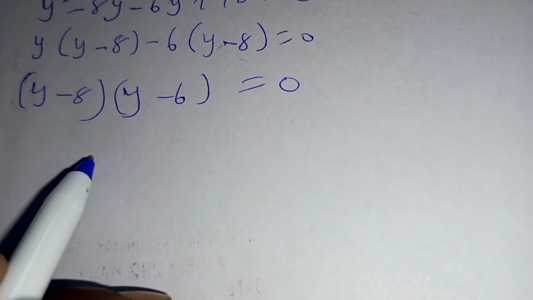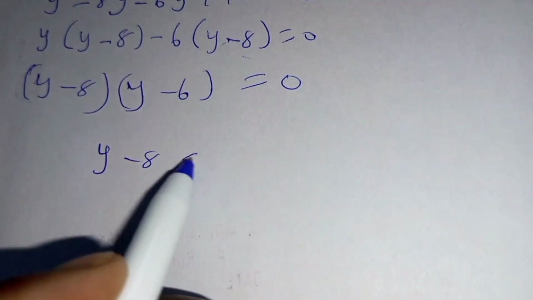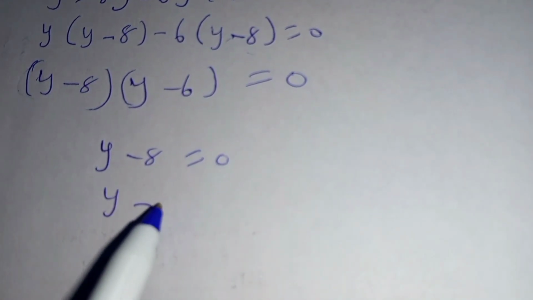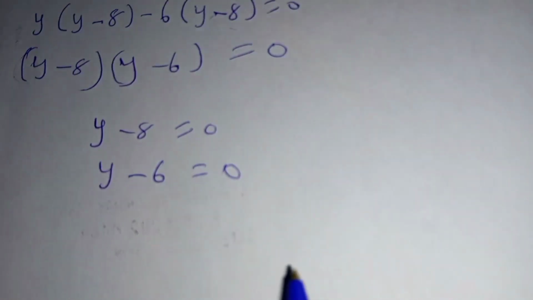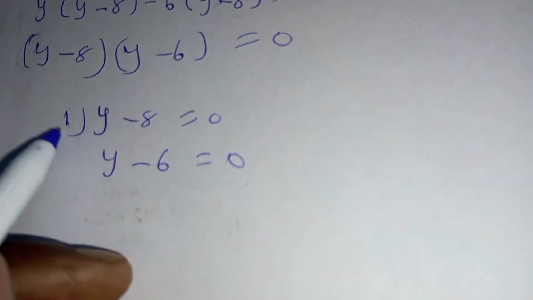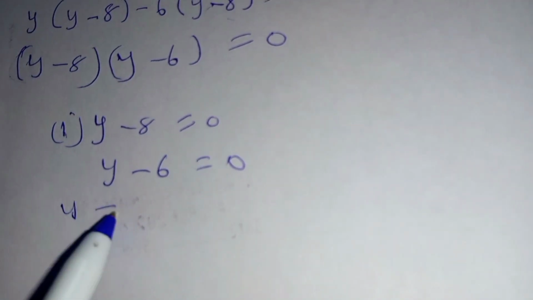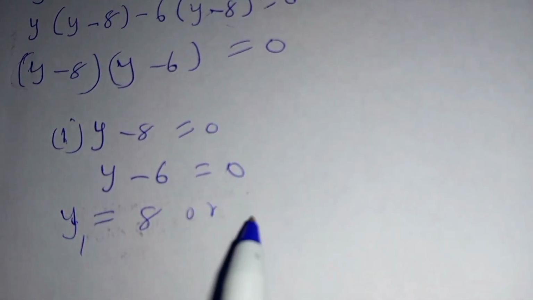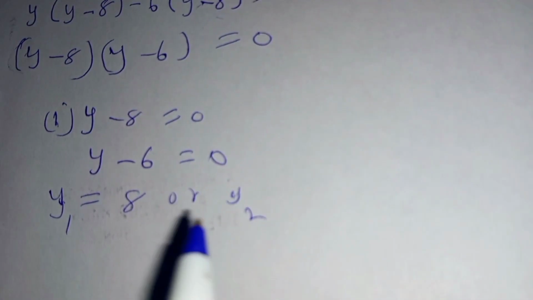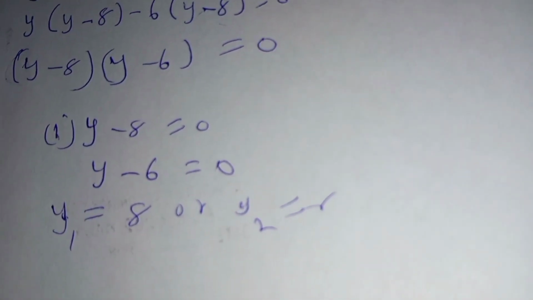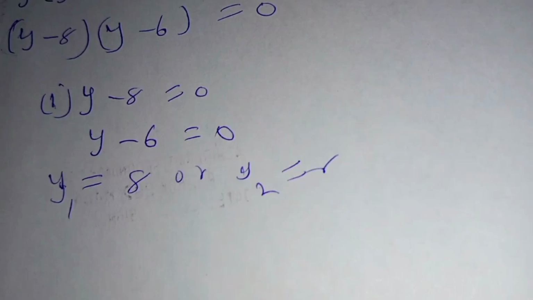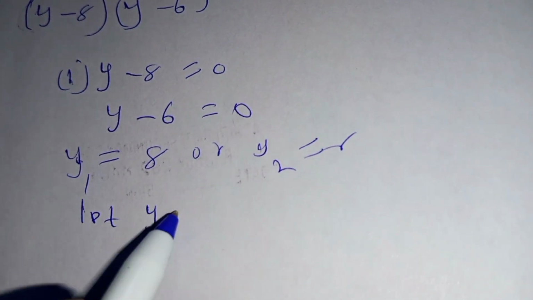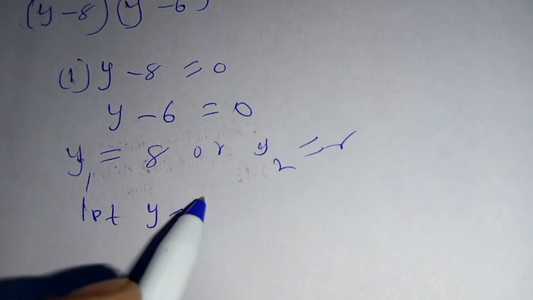Then there are two possibilities. Either y minus 8 is equal to 0, or y minus 6 is equal to 0. So from this, y1 is equal to 8, or y2 is equal to 6. Then we remember we let y be equal to root of b.